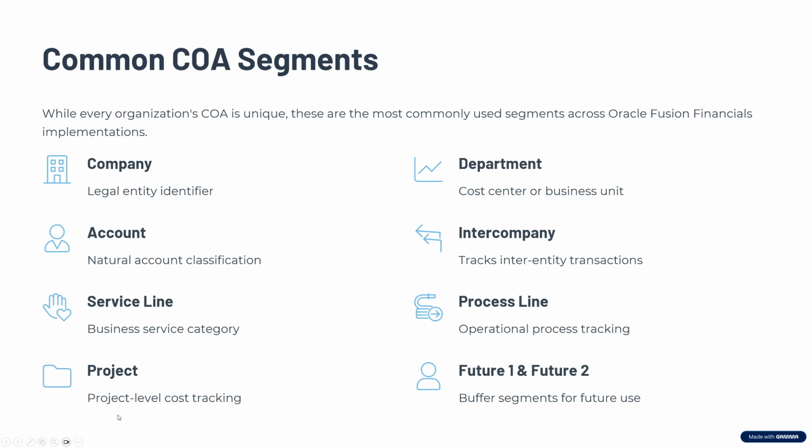For project tracking, we need to create the project segment. For department, you need to differentiate HR related services and finance related services, so you need to create the department segment. For intercompany, some companies use their own group companies' services.